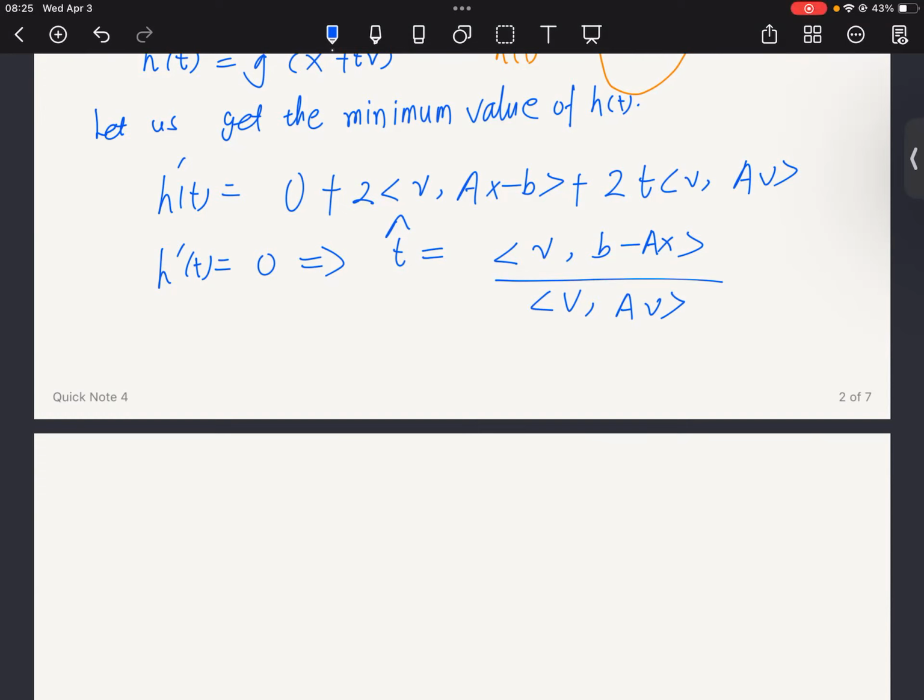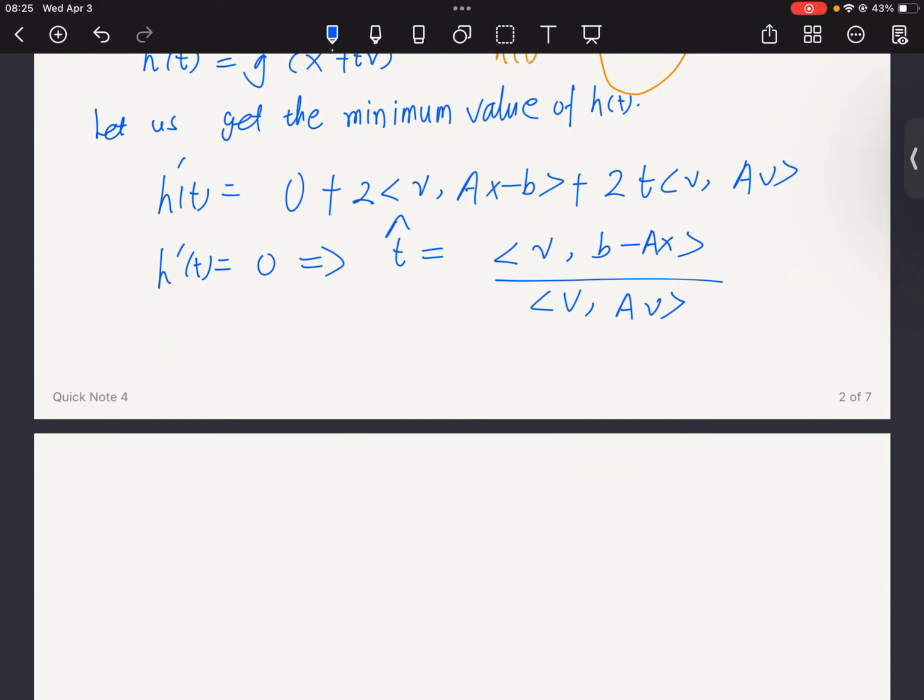So this is not the end of the proof, because this is just one direction. You're given this whole space, and then you are given one vector x and one direction v, and then you are calculating the minimum value of g(x) on this line.